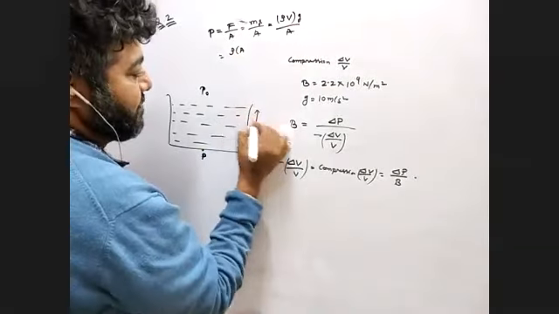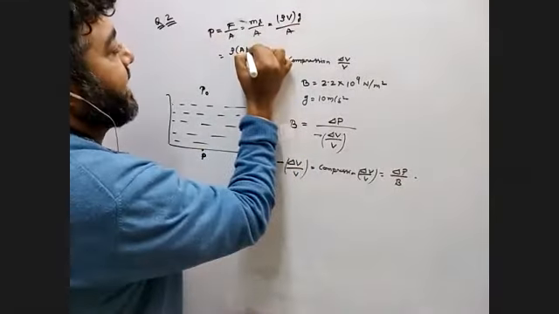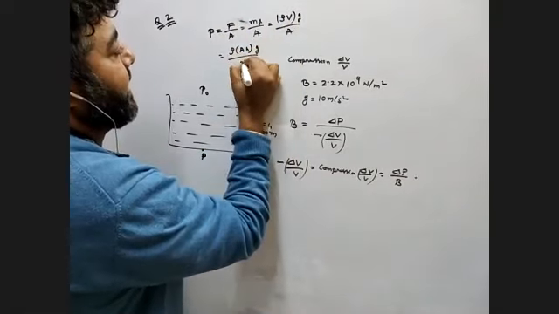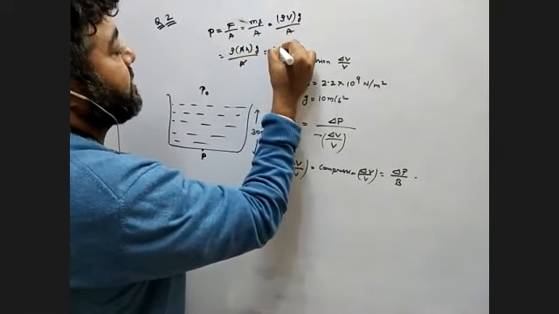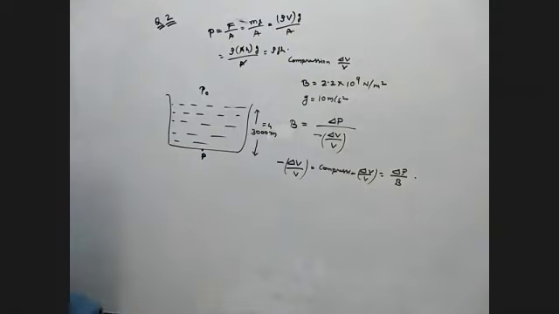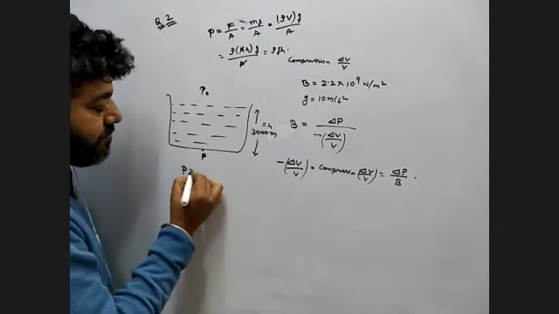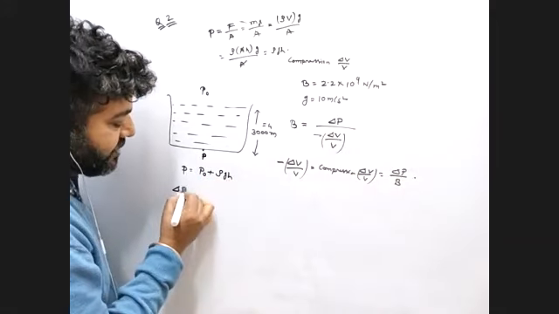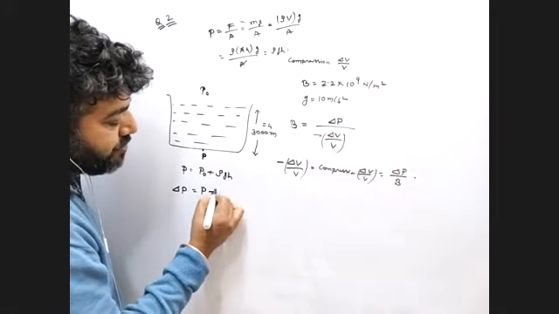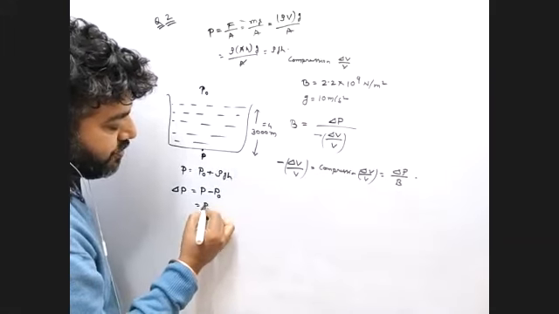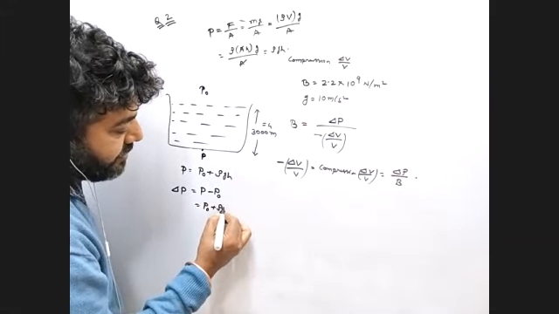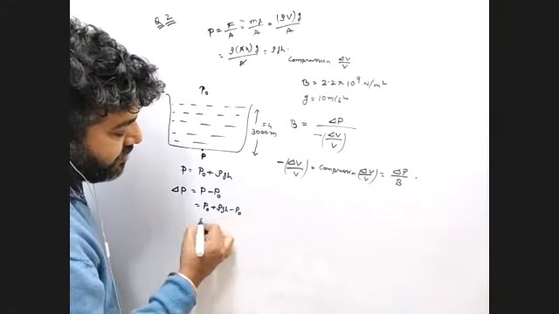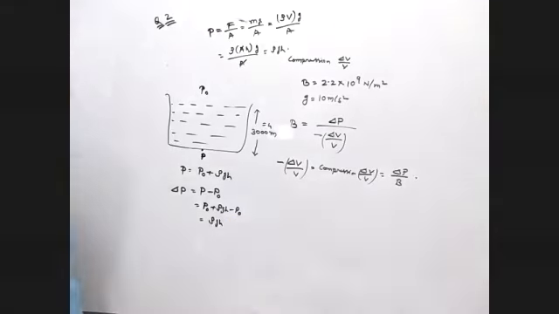Area into height of the liquid, that is h. g by a cancels, so you have rho gh. Rho gh is the pressure. So what is the pressure at the bottom? Atmospheric pressure plus rho gh. So what is the change in pressure? Pressure at the bottom minus atmospheric pressure. So P naught plus rho gh minus P naught, that is rho gh. That pressure is called the gauge pressure.